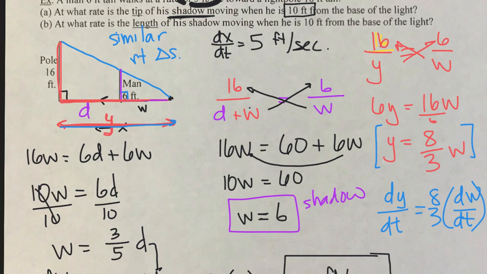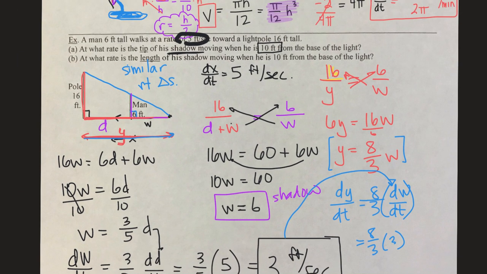Well, we just figured out dW/dt, the rate at which the shadow is changing, was 3. So this is really 8/3 times 3. If we multiply these, we cancel out the 3's and we get 8. So the tip of his shadow is changing at 8 feet per second.